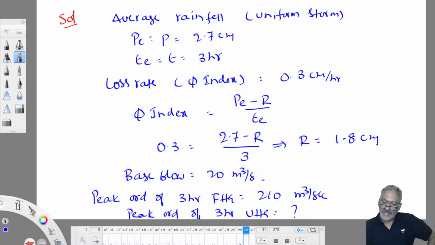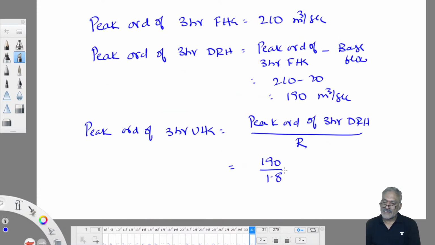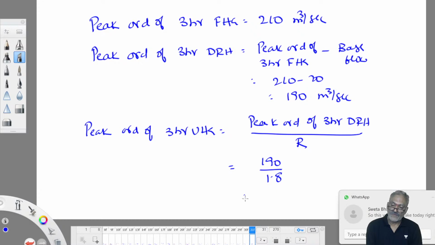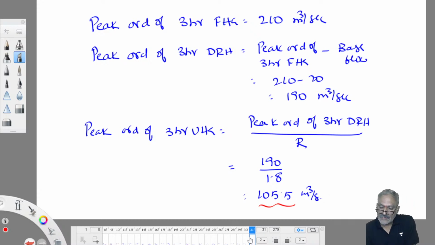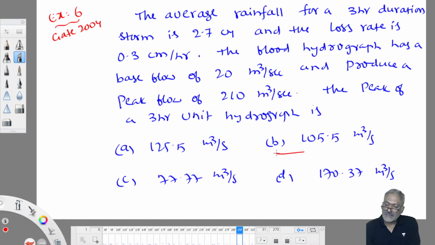So 190 divided by the runoff already calculated, 1.8, is 105.5 meter cube per second, and that is the answer for this question.